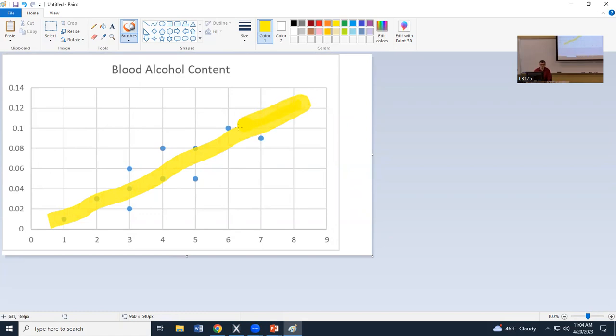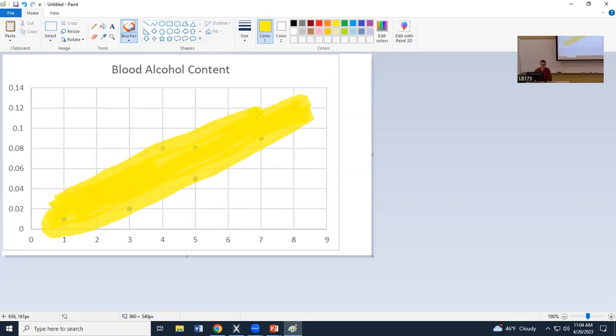Maybe I'll even draw it thicker than that. Draw a really thick line. Are the dots encased inside of that? Yeah, if you drew a thick enough line, looks like all of our dots are going to be encased inside of that.